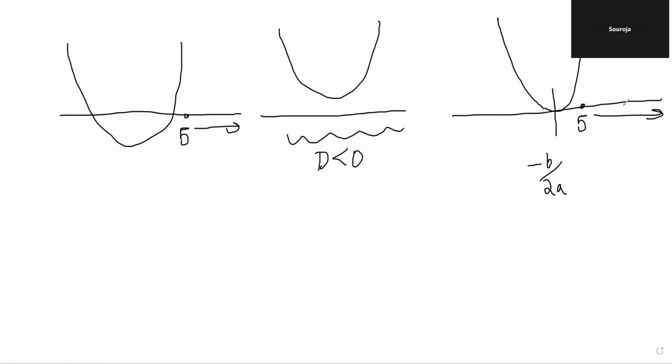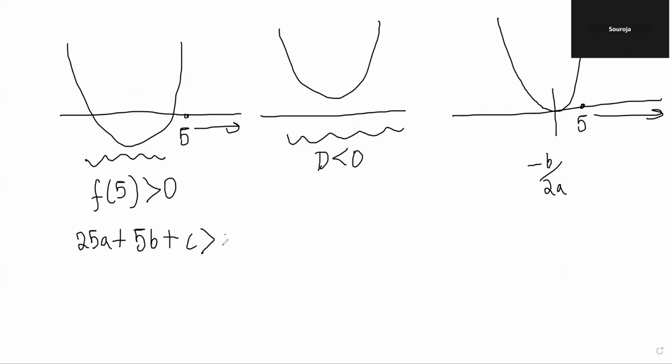Then only you'll get positive values for this. It is possible in all cases, but here, for example, you'll have to say f of 5 should be greater than 0, which will mean you'll have to put 5 into the equation. You'll get 25a plus 5b plus c is greater than 0. But none of the options are looking like that, right?